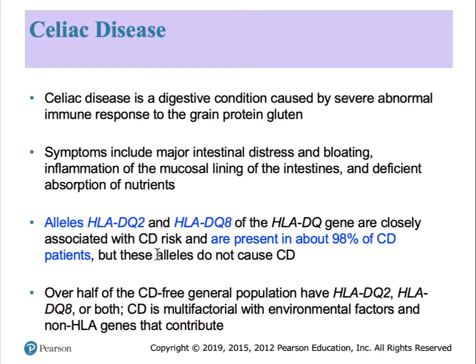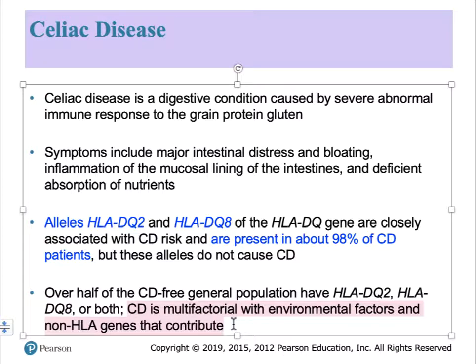But we don't know if these alleles are the cause of CD or just associated with it because of other factors, because over half the population that do not have celiac disease may have the DQ2 and or the DQ8 allele. So we're still a work in progress, but at least we're being able to determine some kind of association.